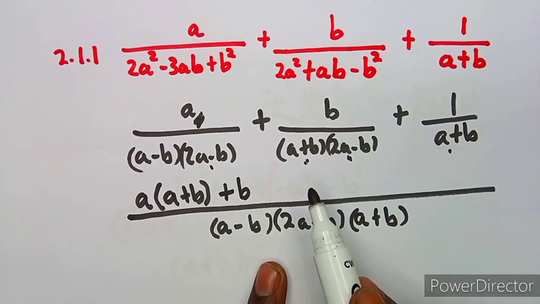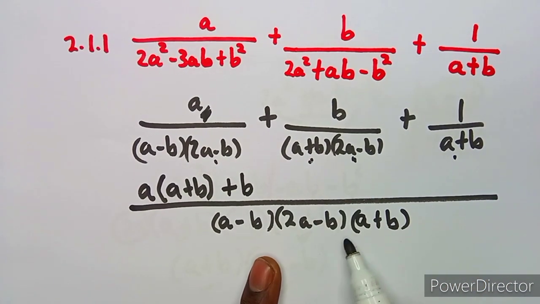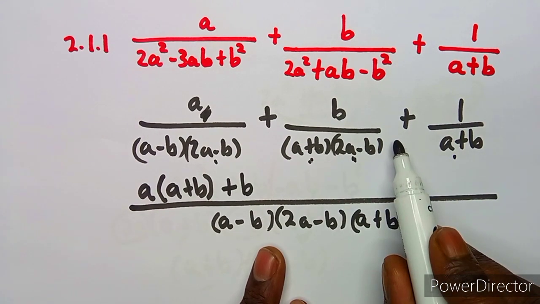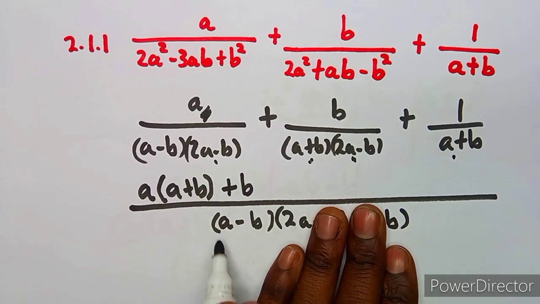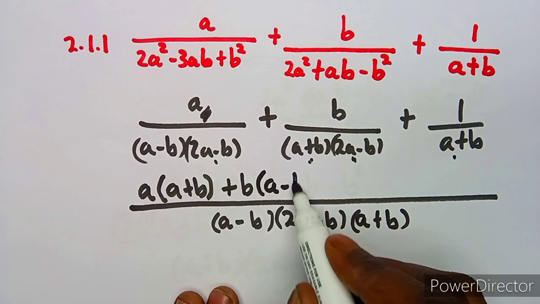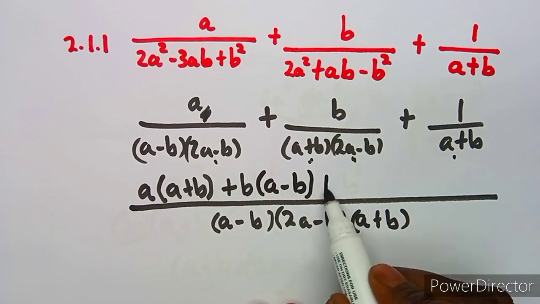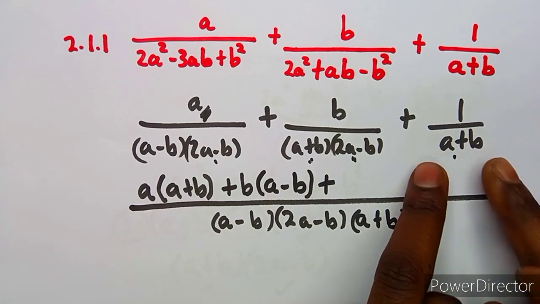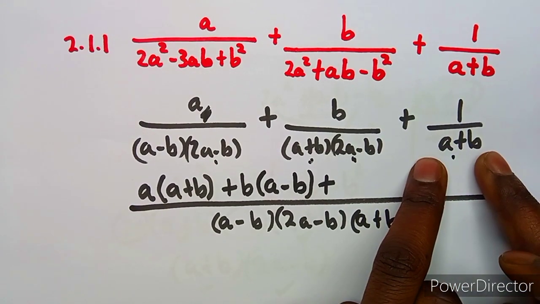So as you can see, a plus b and a plus b will cancel, 2a minus b, 2a minus b will cancel, which means you are going to be left with a minus b. So this is going to be into a minus b.